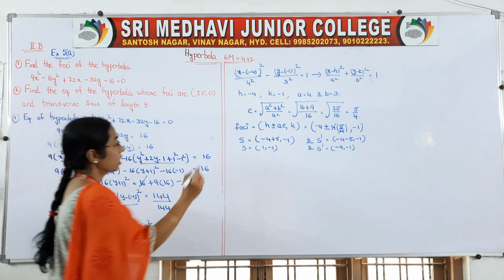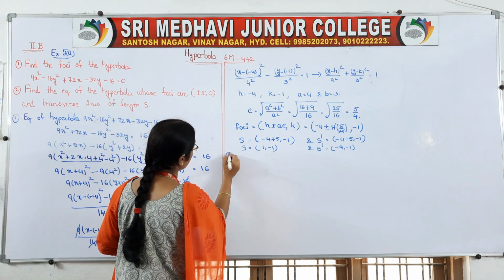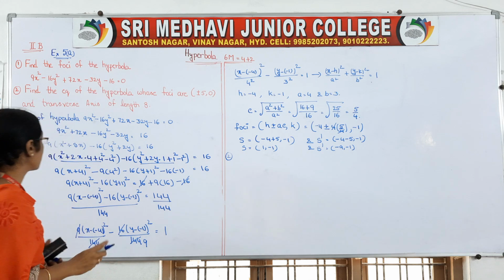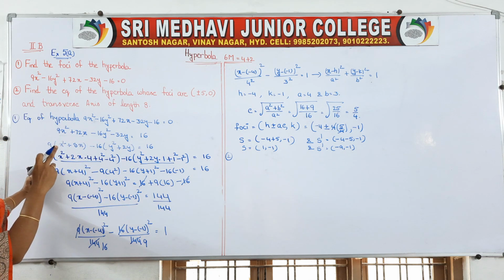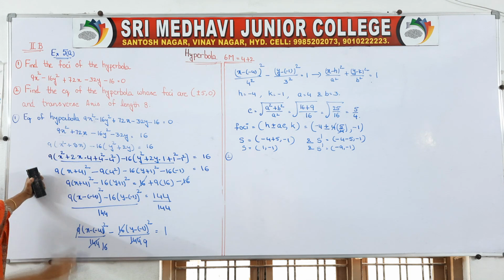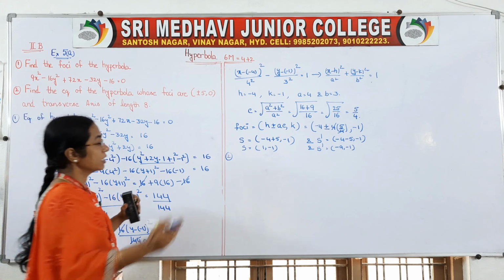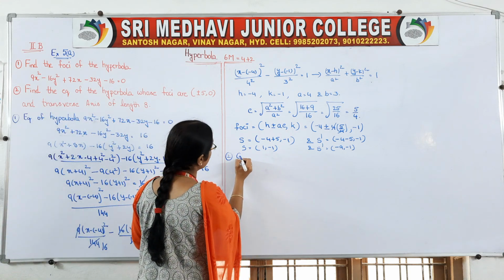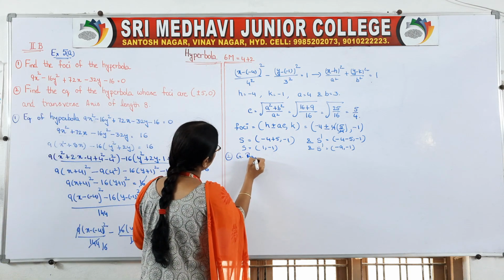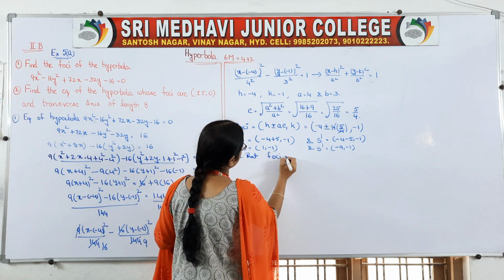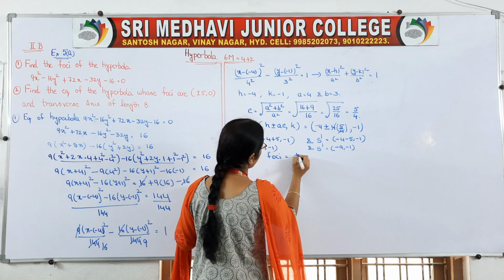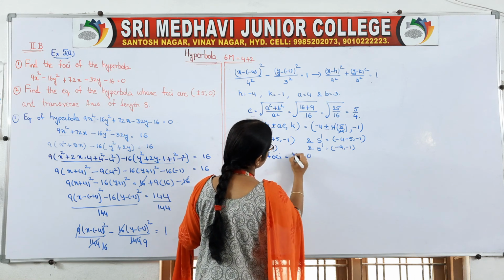Okay, so now come to the second question. What is your second question? Find the equation of the hyperbola whose foci are plus or minus 5 comma 0 and transverse axis is of length 8, right? So first of all, what is the given information to you? Given that foci is equal to plus or minus 5 comma 0.